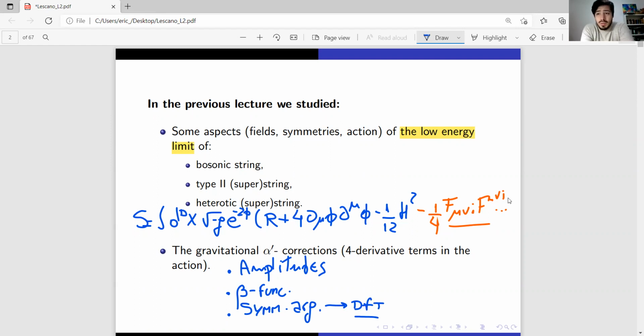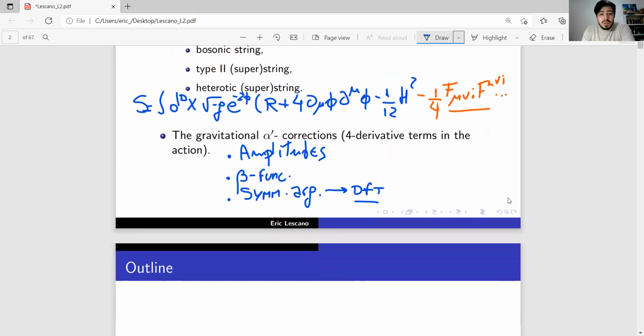But before going to the double field theory part, before focusing on the symmetry arguments, I would like to show you another method to obtain the alpha prime corrections in the heterotic case, and this method is due to a relation found by Bergshoeff and de Roo.